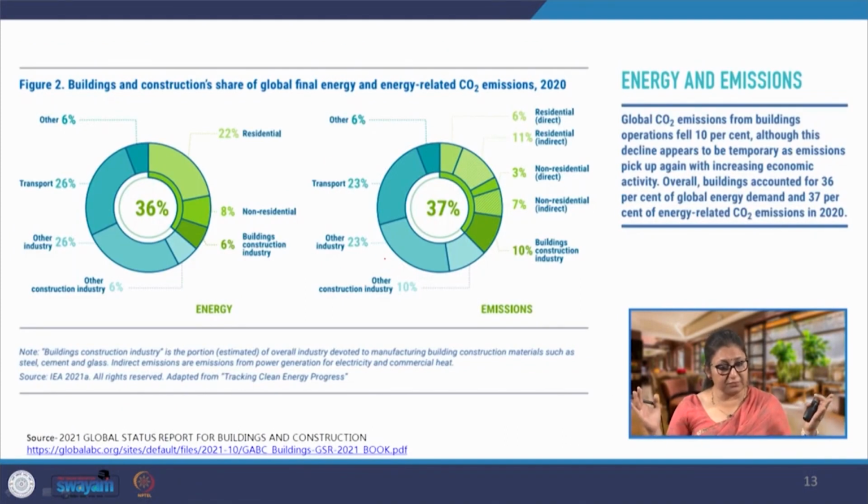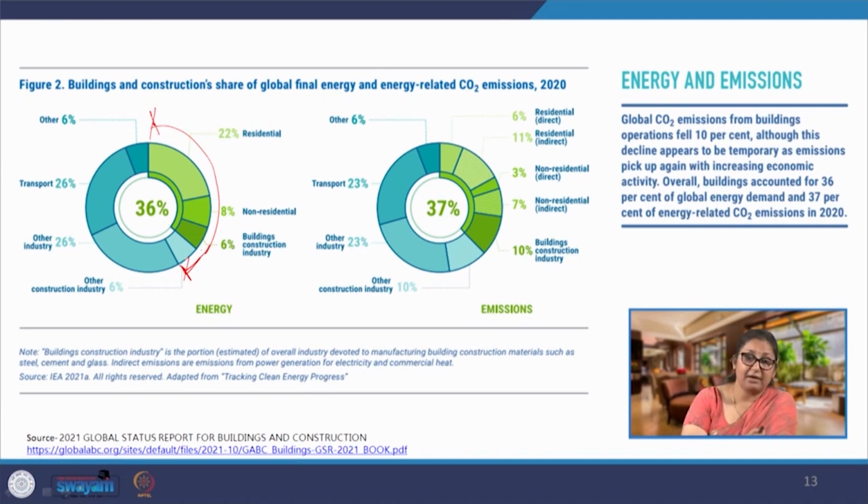And then if we look at the total energy consumption and emissions overall, and if we look at the buildings, we see that a large share of this is actually coming from the buildings and construction industry, which is very close to 50%.